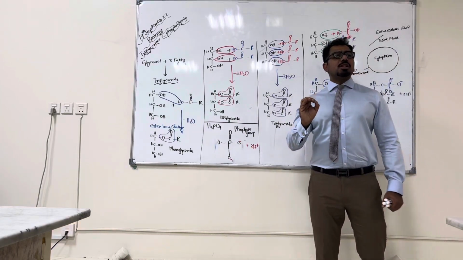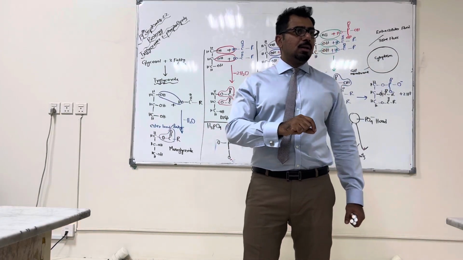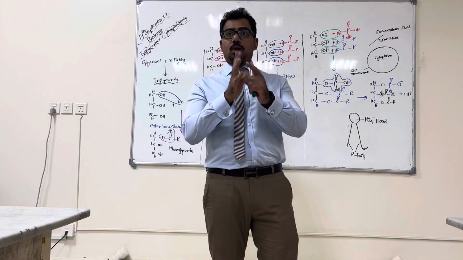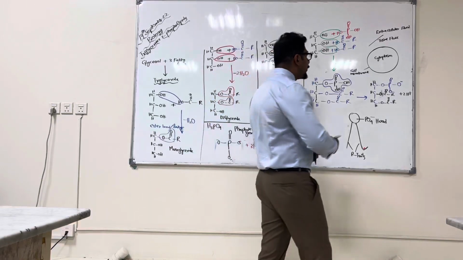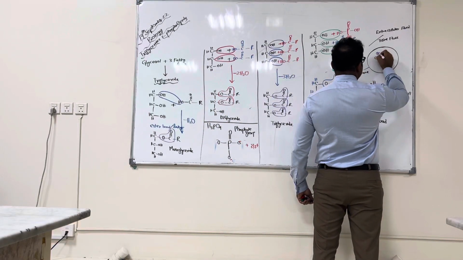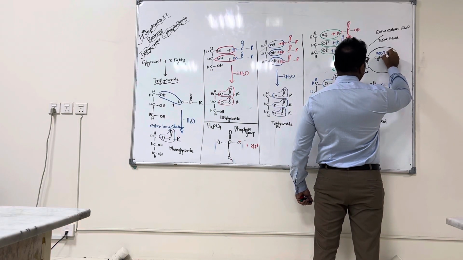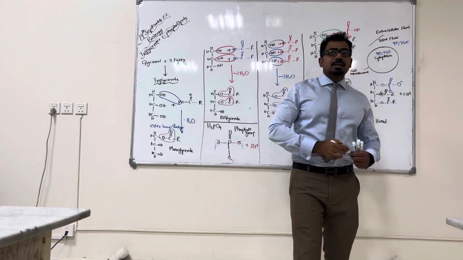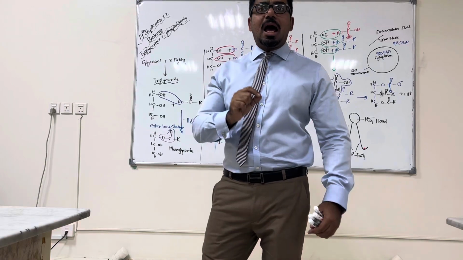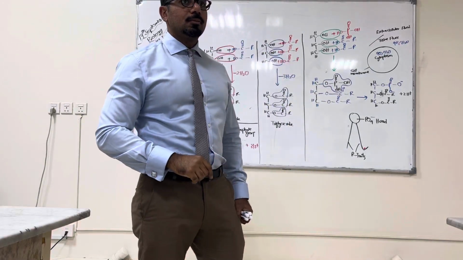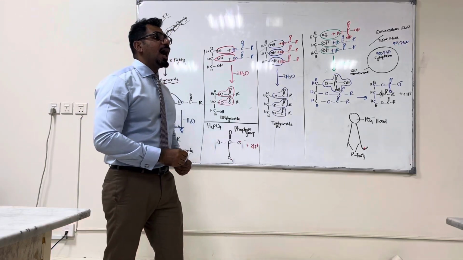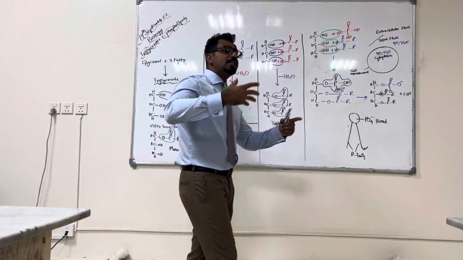Now the composition of cytoplasm and the tissue fluid is the same. They have the same amount of water. If there is 90% water over here, there is 90% water outside. Both of these solutions are isotonic. I have taught you this. The word iso means same. Tonic means solutes.